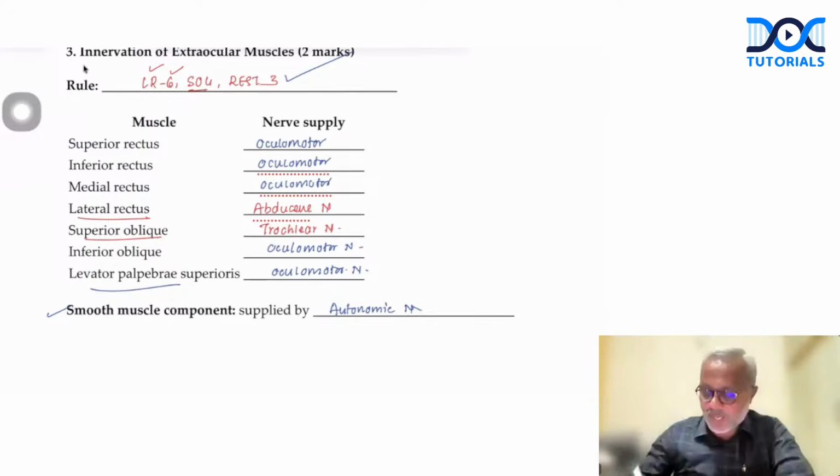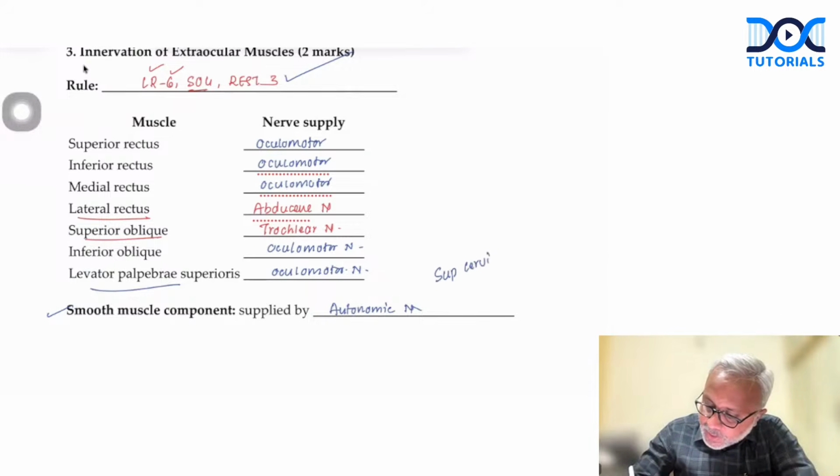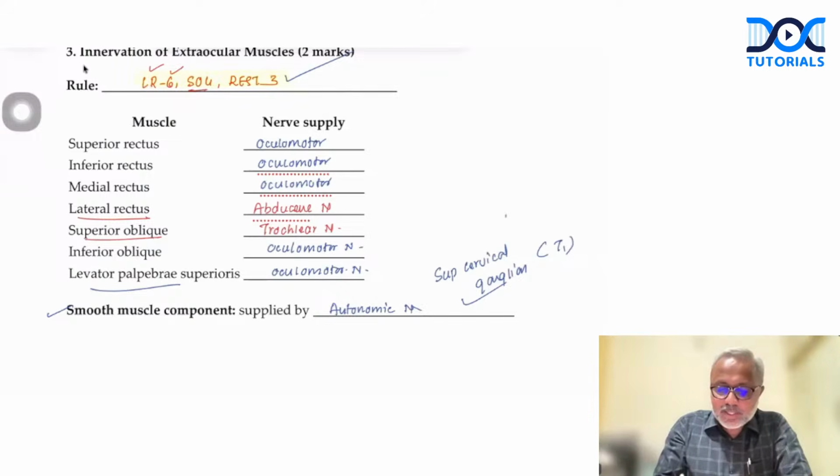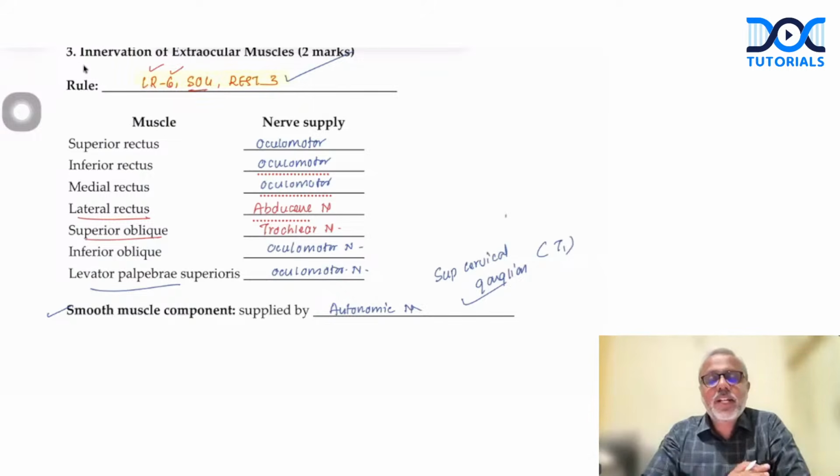To be more specific, these will be innervated by the superior cervical ganglion. Done? Are we clear? Fibers of T1 supply these smooth muscles. Done. Innervation, you must remember this mnemonic: LR6, SO4, and rest by 3.